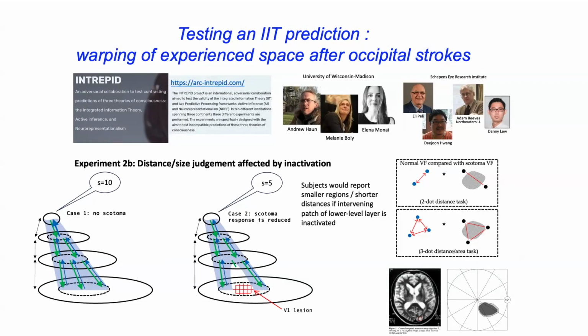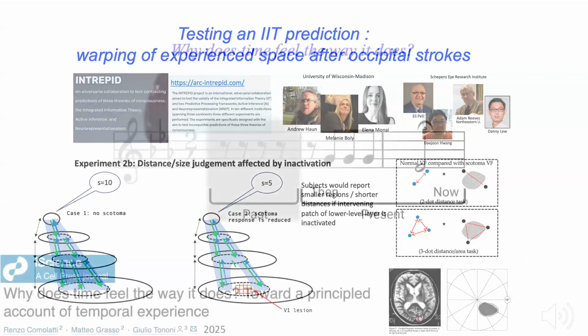If space is a structure and every distance relation is a function of how you feel something is located in the entire space, then things like scotomas or lesions should warp the entire experience of space. This is the topic of one of the adversarial collaborations. We can talk more about that.